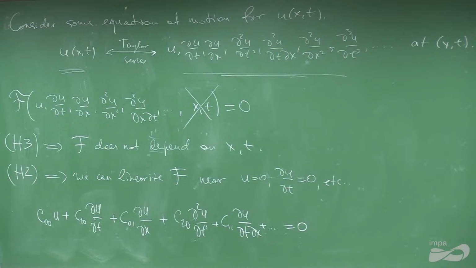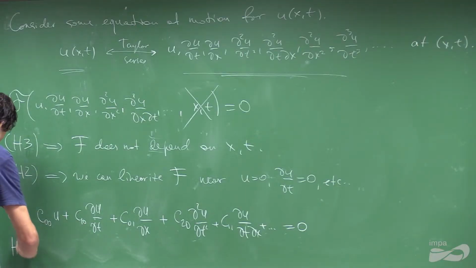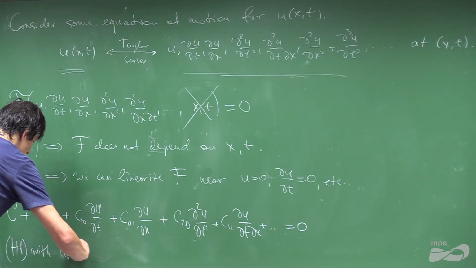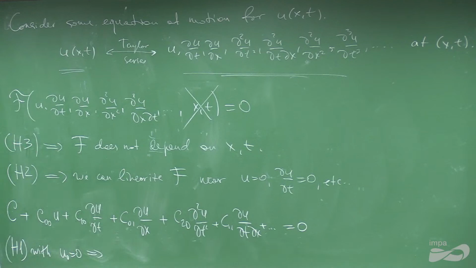So let's actually write it, plus c. In principle, this is a linearization, but from the first hypothesis, with u0 equals 0, we know that if all derivatives are 0, including u, then c is 0.